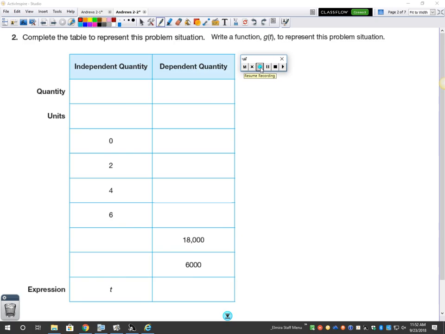So things are still the same. This is still minutes and feet, time and height. But at the beginning of this problem, we're starting out at 36,000 feet.